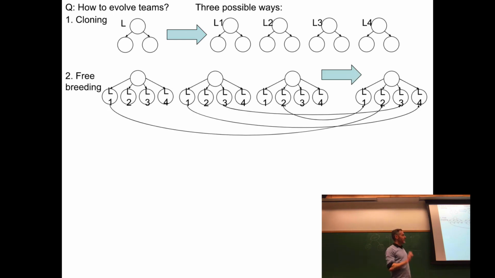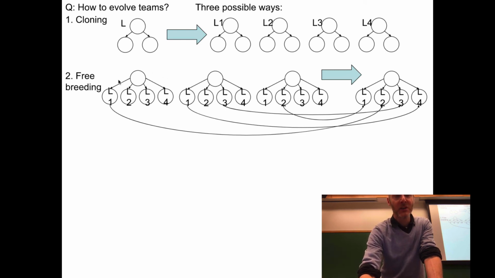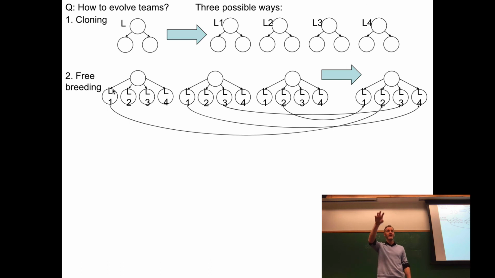In the next experiment, free breeding, we're going to create one big tree, which has an empty root node, and it has 4 subtrees. Each of the 4 subtrees is the strategy for one of the 4 lions. So imagine now you have a genetic programming experiment in which you have a population of these things, where each individual in the population, if you pull it out and you then unplug the 4 subtrees, has specific strategies for each of the lions.